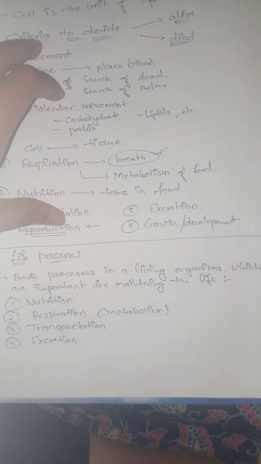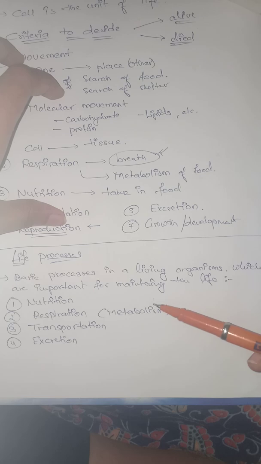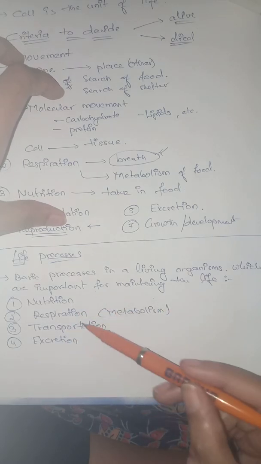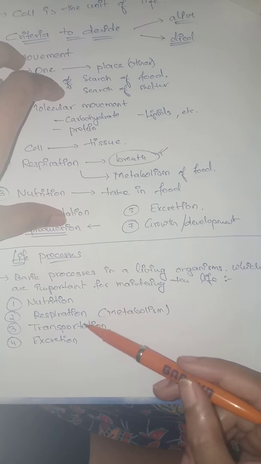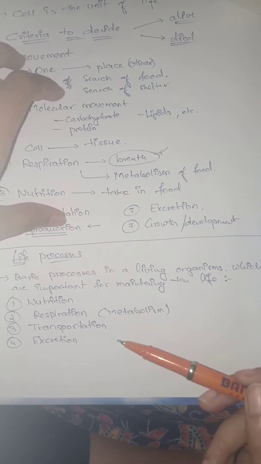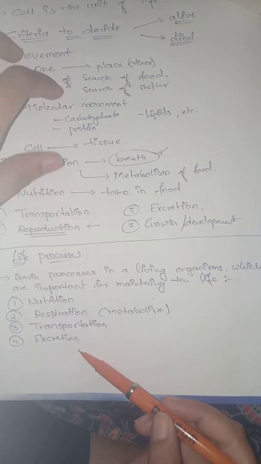So these are the 4 things which are to be explained in this chapter, right? That is the nutrition in human beings, respiration and the respiratory system. Transportation system we are gonna study, that is the circulatory system, along with that of the excretion.